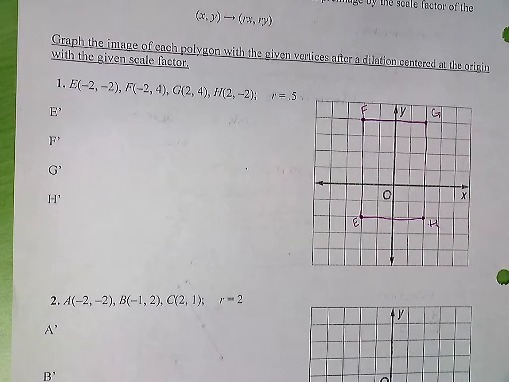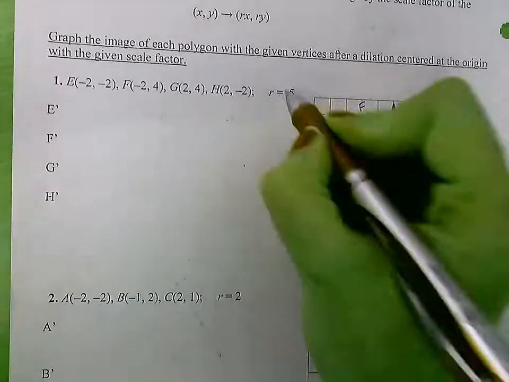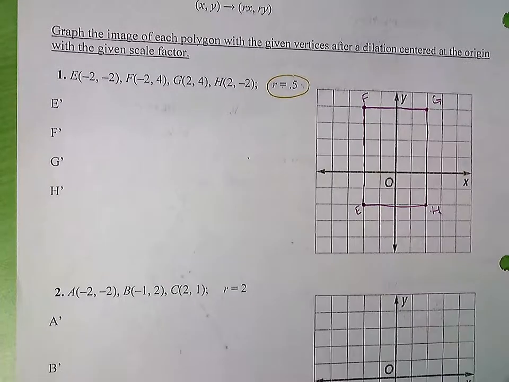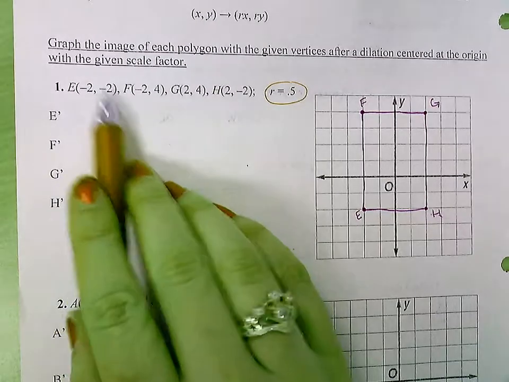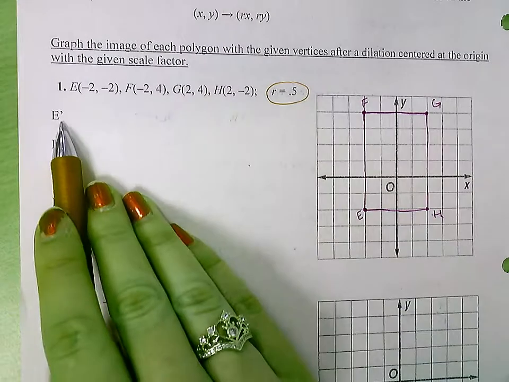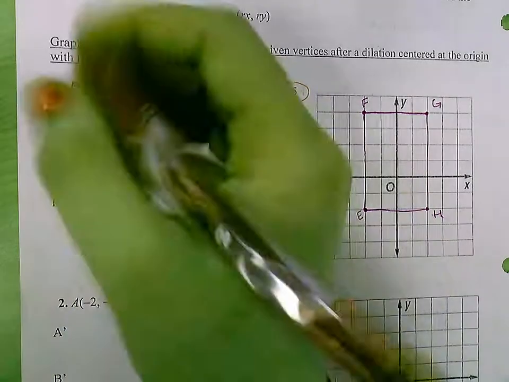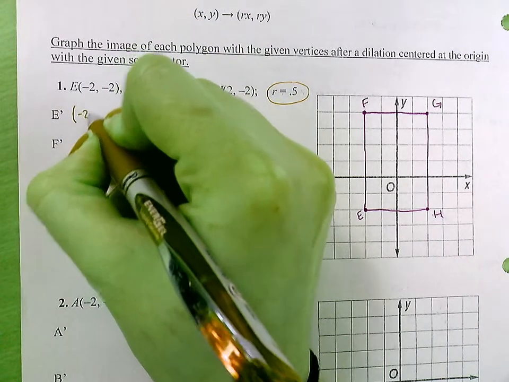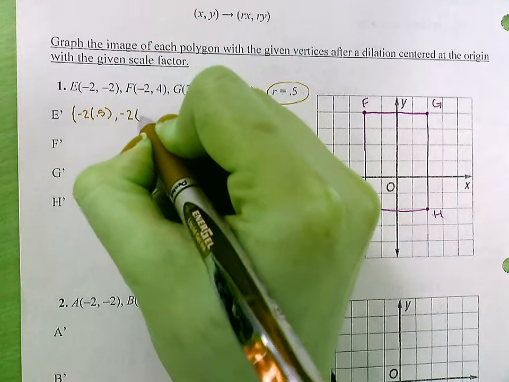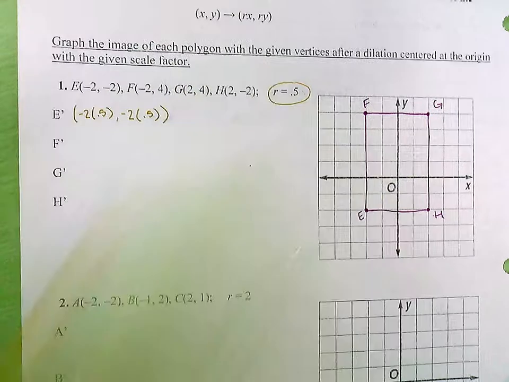Now for the image, I have a scale factor of 0.5. So I'm going to multiply all of my x and y coordinates by 0.5 to get those prime coordinates. So we'll have -2 times 0.5, comma, -2 times 0.5.